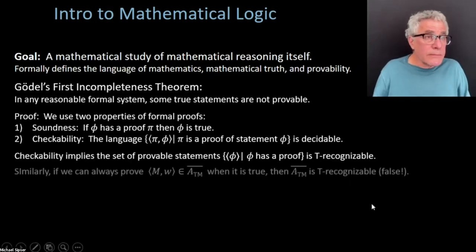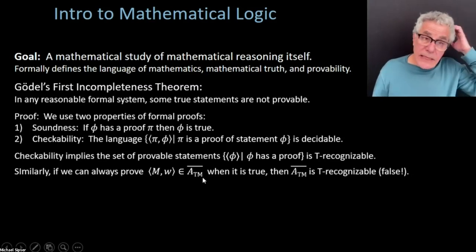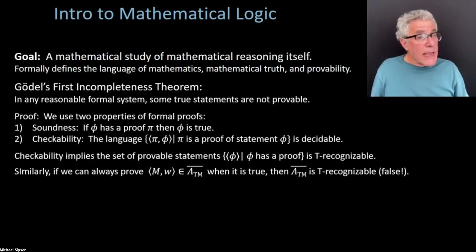So similarly, if you take statements of the form M and W is in the complement of ATM, so M doesn't accept W. Some of those statements may have proofs in your system, some of them may not.